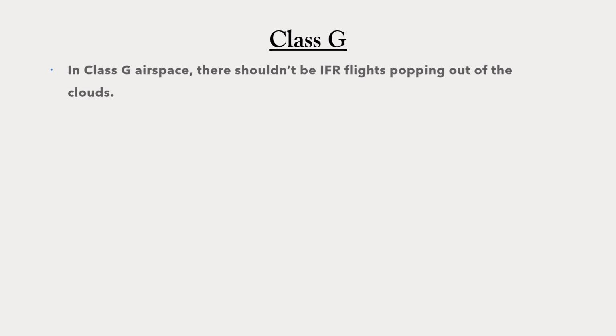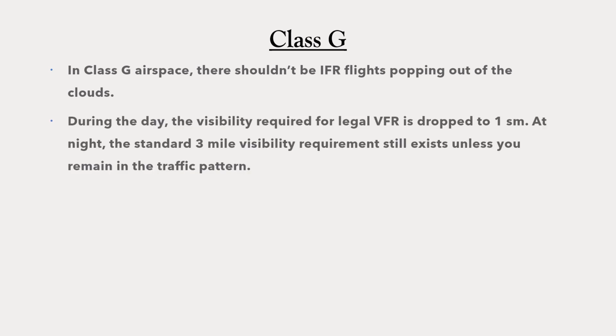Now there shouldn't be IFR flights popping out of the clouds when you're in Class G airspace, because they're not supposed to be IFR flights there. As a result, the visibility and cloud clearance rules are relaxed a little bit. So during the day, it's legal to operate with 1 statute mile of visibility.